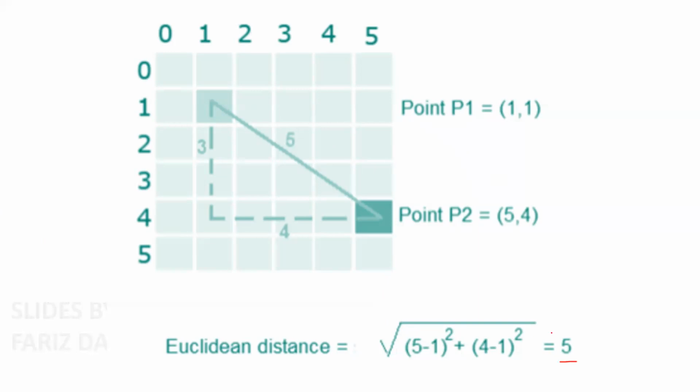We get 5. This would be the Euclidean distance between P1 and P2, okay? You can also plug in the Pythagorean theorem, and you'll also get 5, okay? Good.